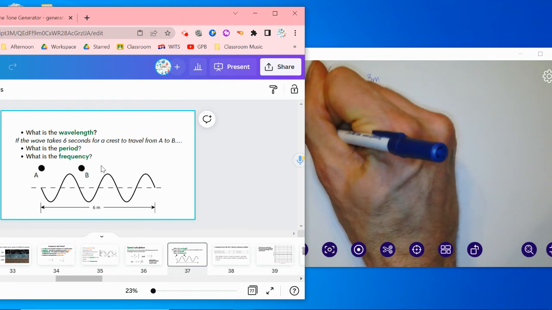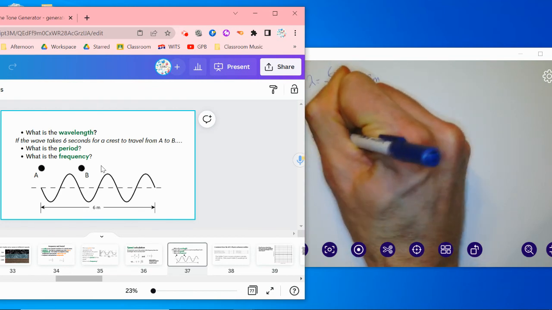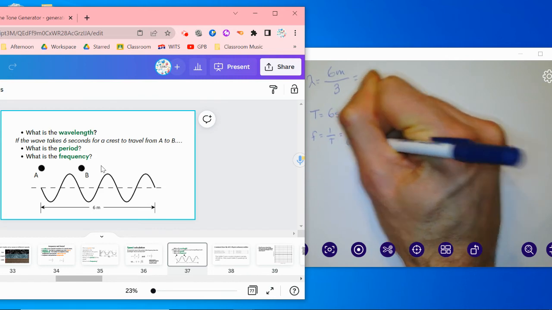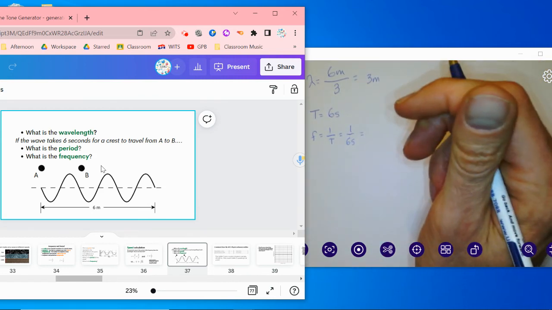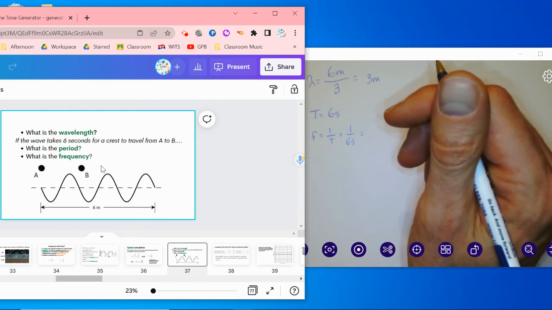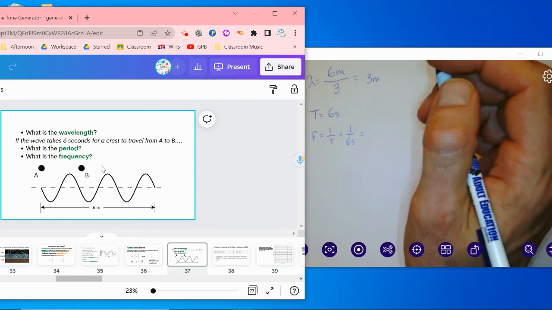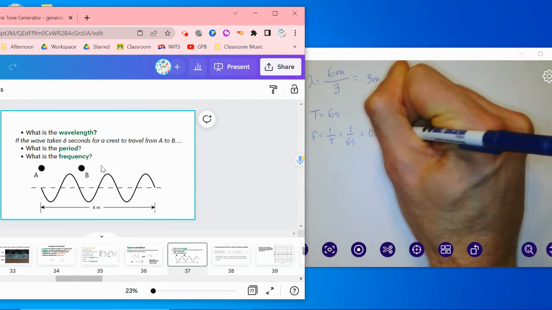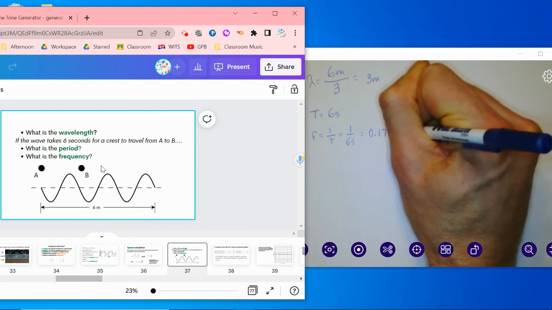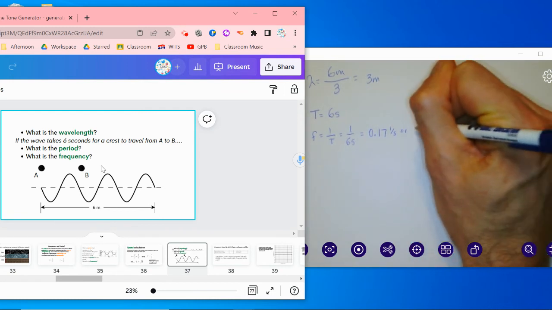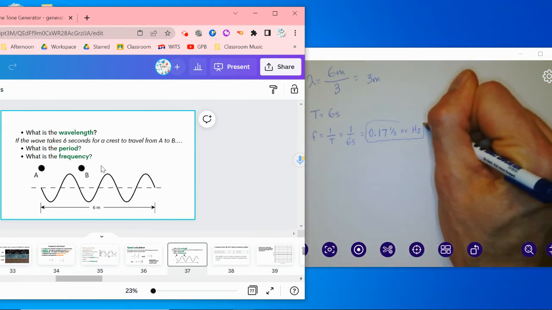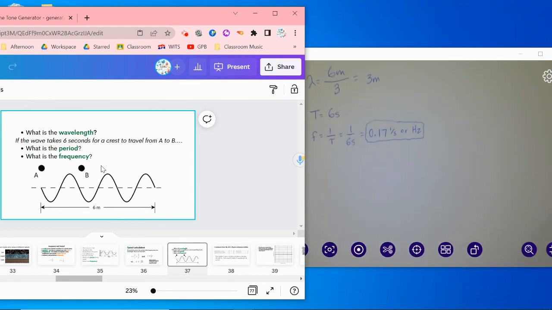So what is the frequency? The frequency is 1 over 6 seconds, which I believe is 0.13. 1 divided by 6, oh, 0.17. I'm not really good at math. It's 1 over s, or hertz. So that is our frequency of this wave.